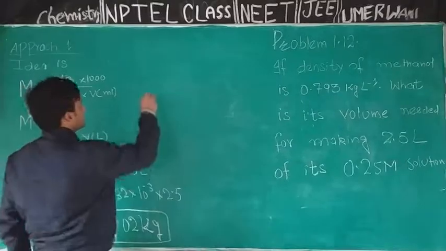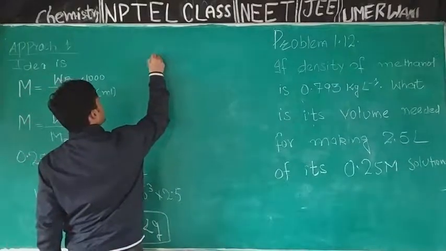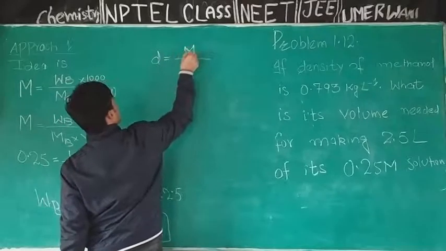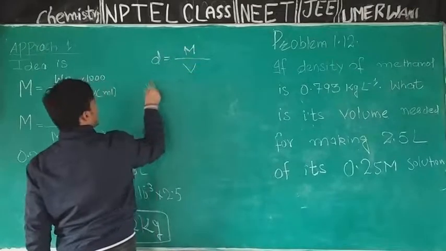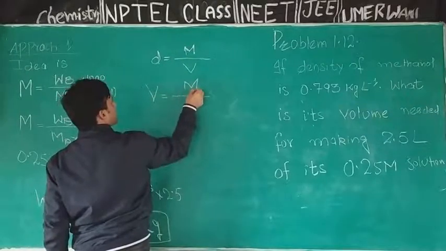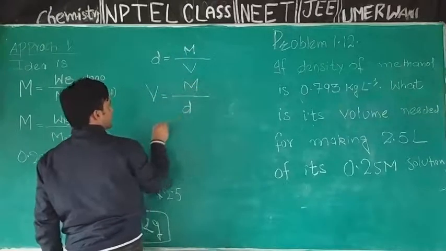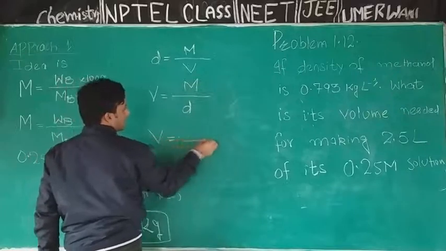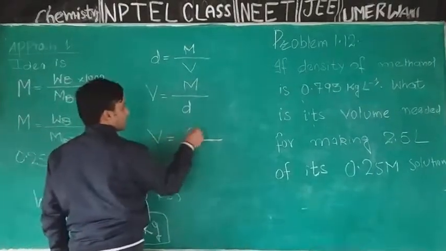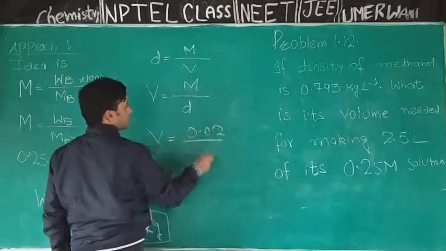So in second step we will use density equation. Density is equal to mass by volume, and volume will be equal to mass divided by density. Volume is equal to, what is the mass required? 0.02. What is density?